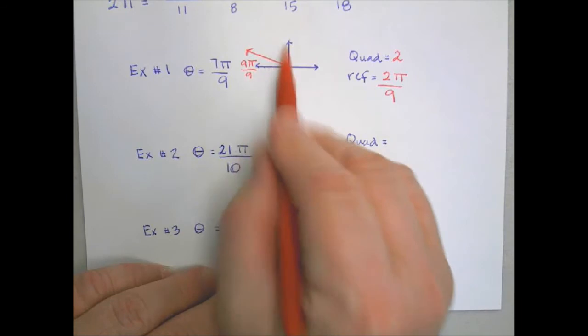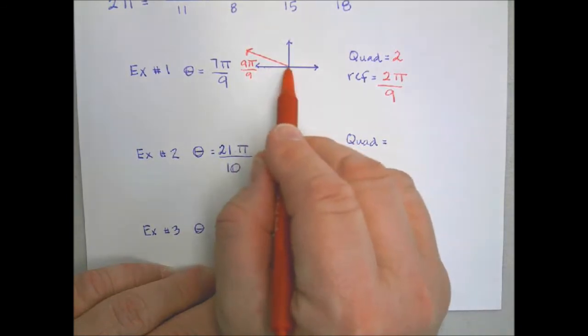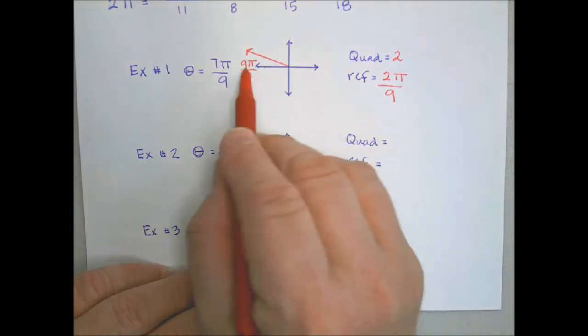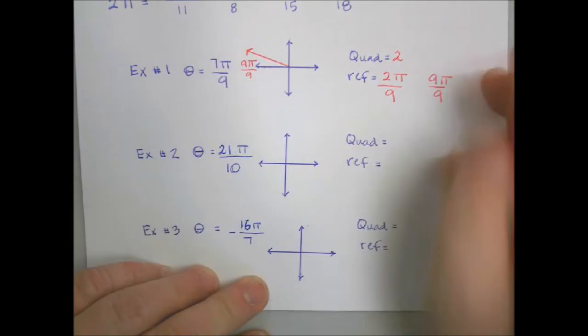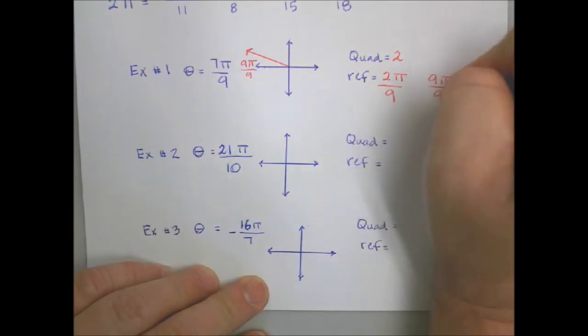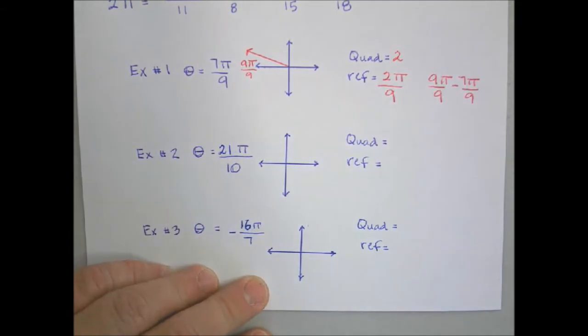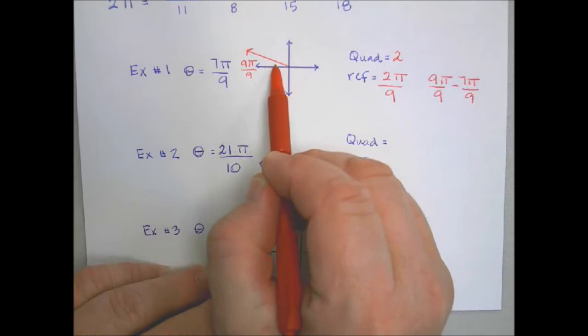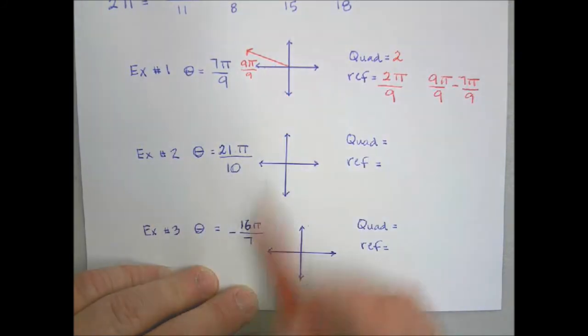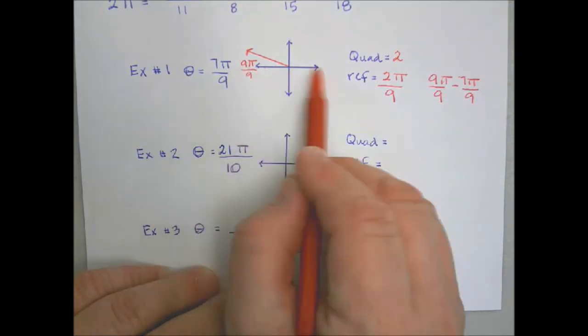Well, take what I just said and turn it into math. We didn't get all the way to 9 pi over 9, but we did get to 7 pi over 9. And that's how the reference angle is 2 pi over 9 right there. Because remember, the reference angle is always from the horizontal.